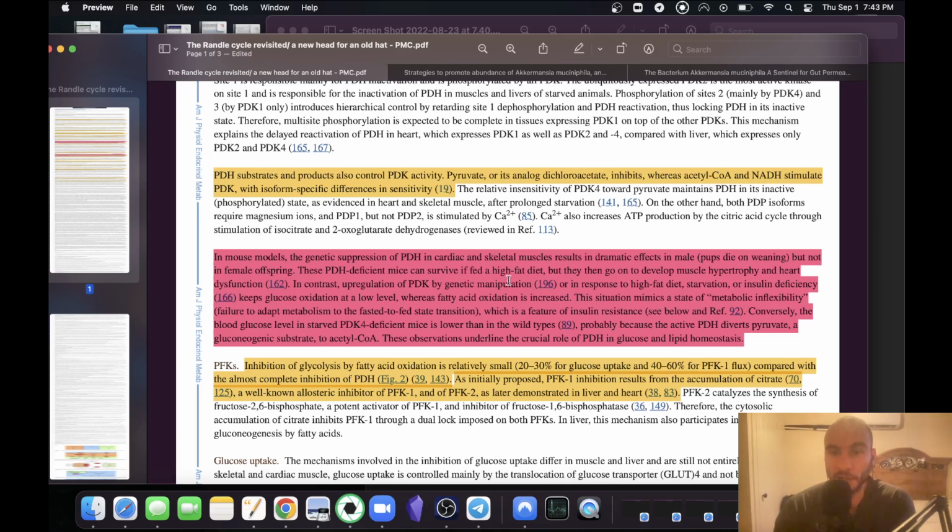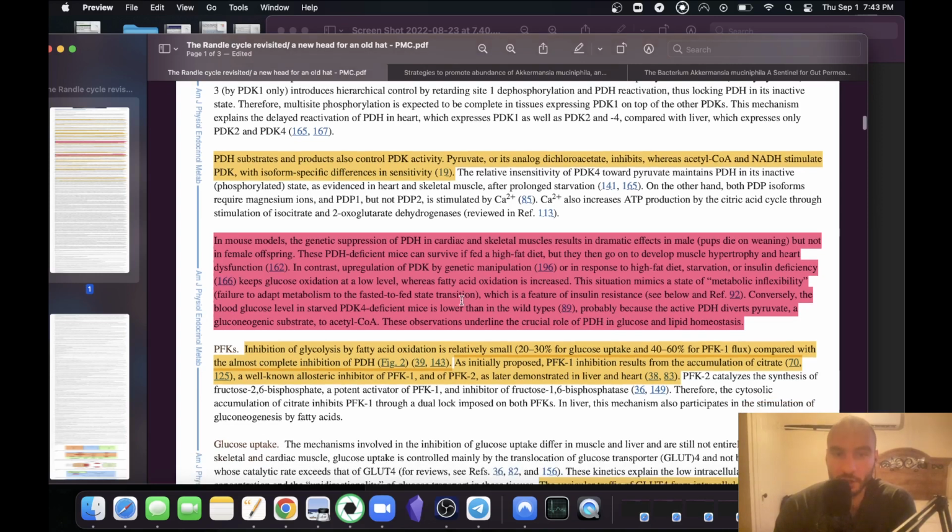At an extreme level, with blockage of pyruvate dehydrogenase, you basically get death in the offspring of the animals that were genetically modified to have that deficiency, or muscular failure to a large extent, with hypertrophy and dysfunction over the long term with high fat feeding. So again, this is what happens at extreme levels with shutdown of pyruvate dehydrogenase.